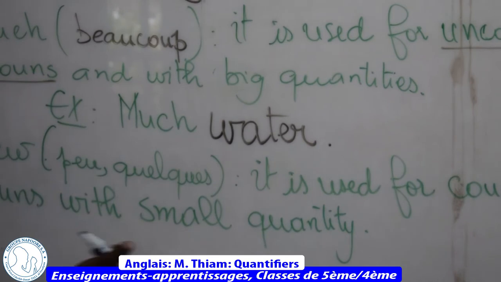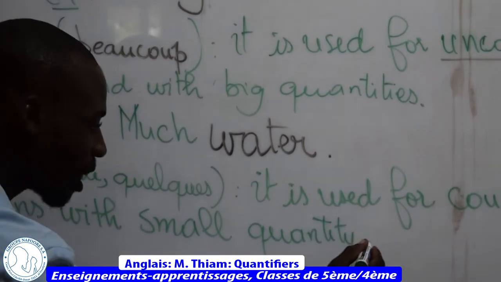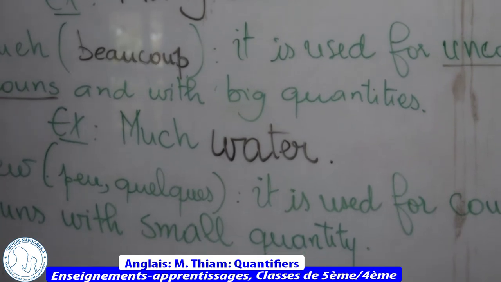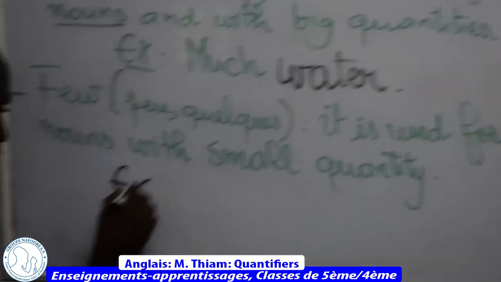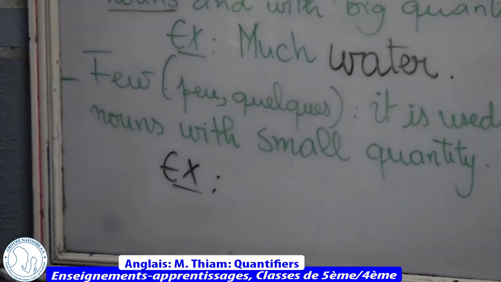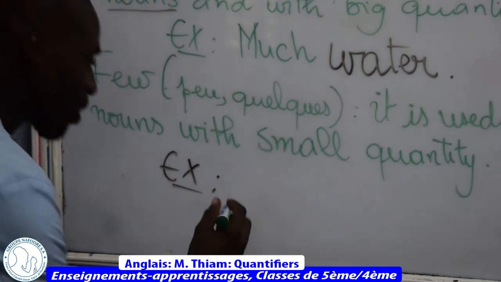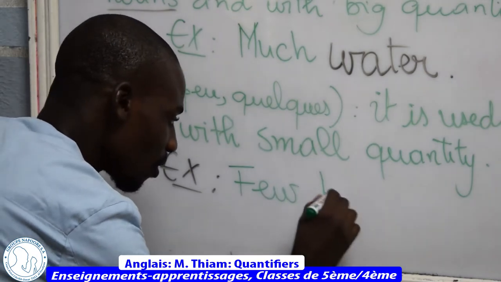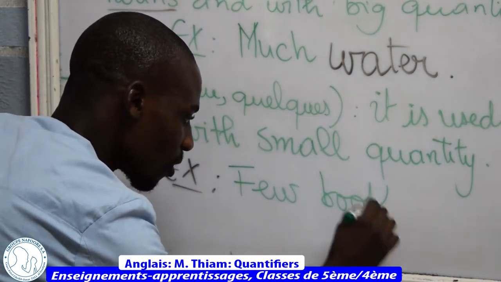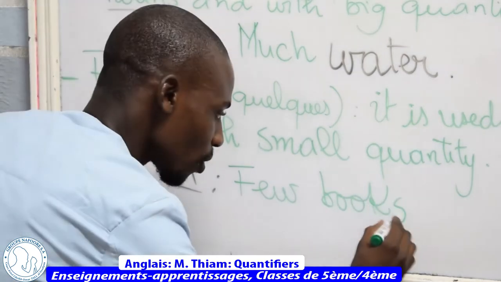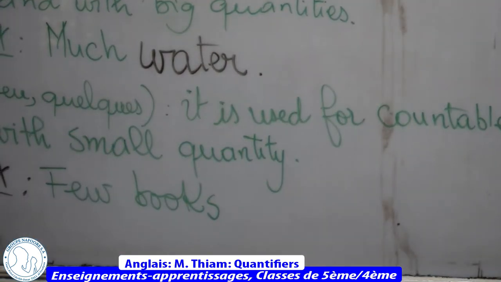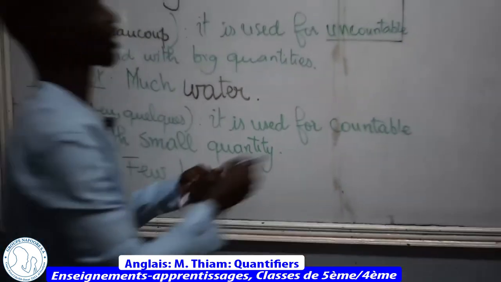Small quantity, petite quantité, small quantity. For example, we can say few books. Few books, right?